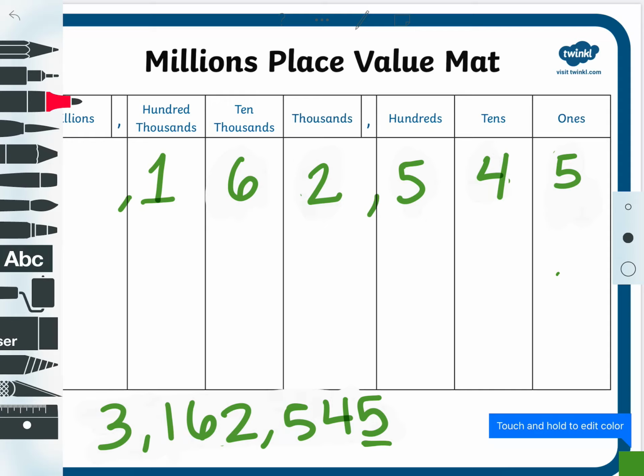If you said the millions, good job, you are correct. And this is how we read this number: 3,162,545. And if this was money, we'd be very well off. This would be a dream come true if we had all this in our bank accounts.